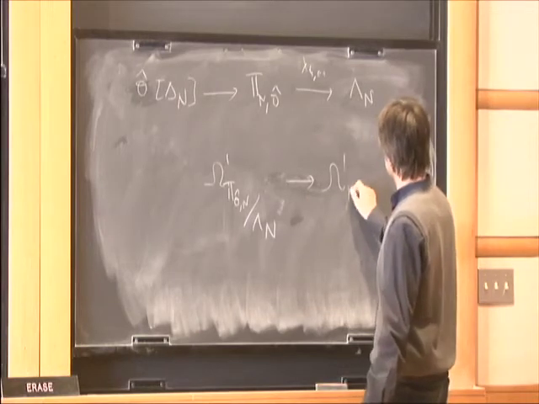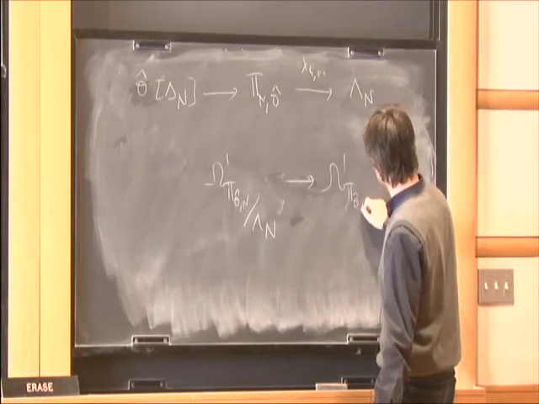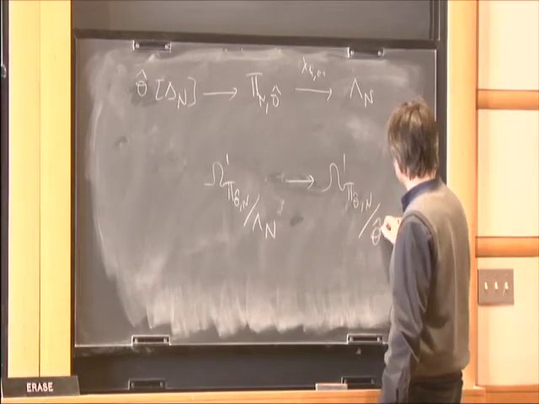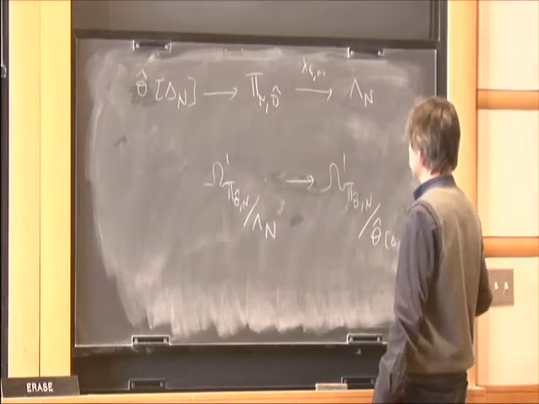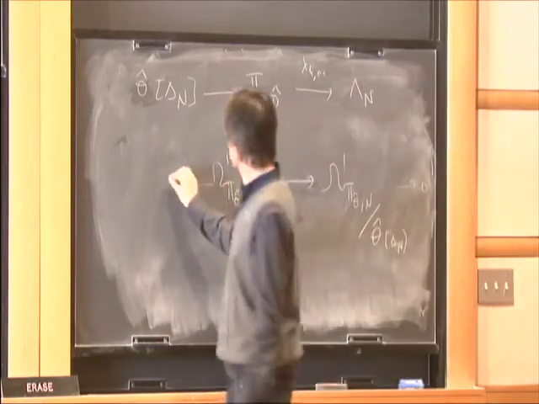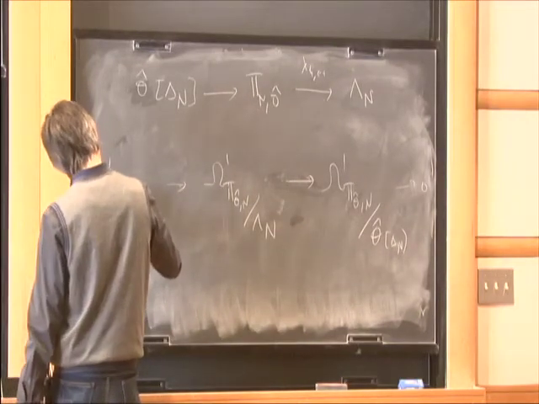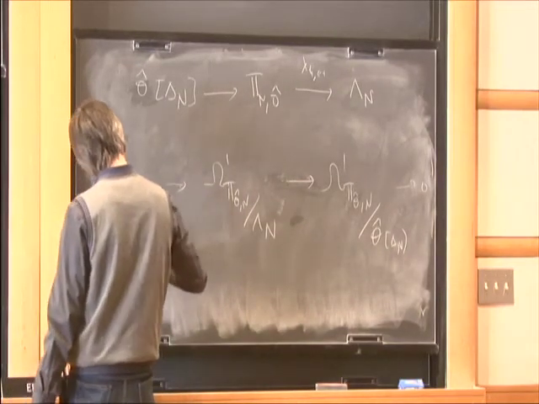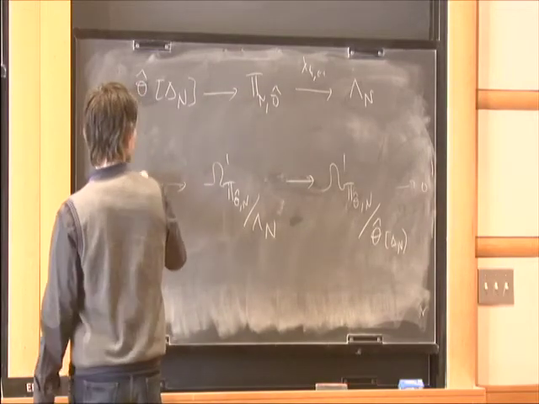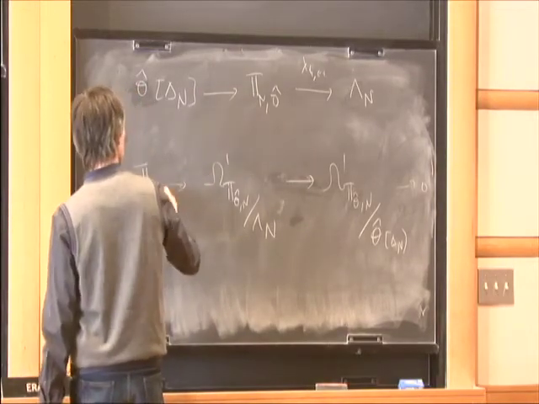And here you have T O hat_n over rho hat delta_n. And here you have omega 1 of rho hat delta_n over lambda_n, tensor T over n.